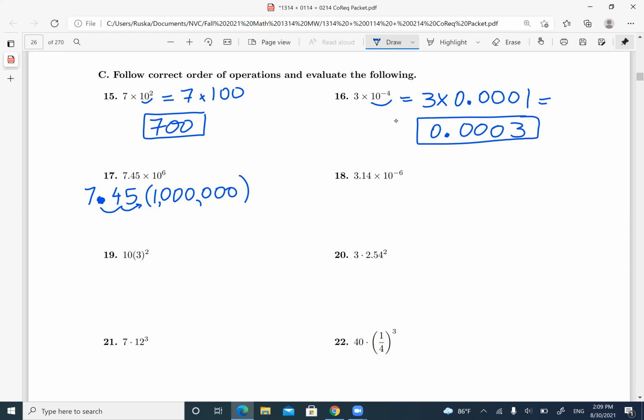Because these are 6 zeros. So I'm going to have 7, 4, 5. You have 2 places here, and you fill out the rest with zeros. So you have 1, 2 so far, 3, 4, 5, 6. So that's going to be 7,450,000.